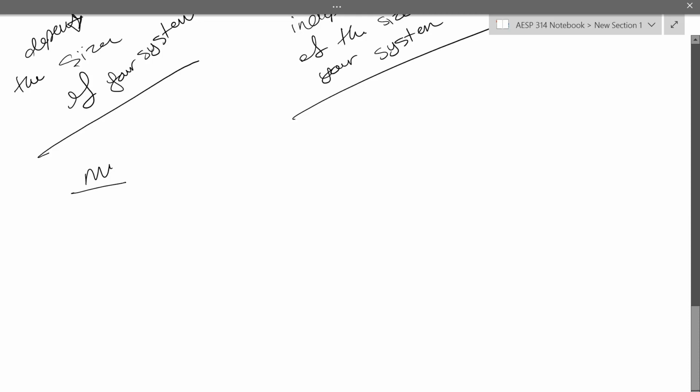If your control system or control volume, doesn't really matter, is bigger, and if there's nothing moving in it, it's just a stationary condition, if you're not heating it up or anything, as you choose a bigger control mass or control volume, its mass is going to be higher and higher, right? If you are not doing any work on it, if you are not heating it up. So mass in general is going to be an extensive property.